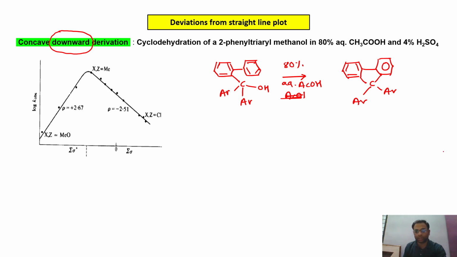So this is cyclodehydration. Now let's consider the stepwise mechanism of this reaction, and then we will understand this graph. Here we have a concave downward deviation. Two rho values we have: rho value is plus 2.67, and we have a rho value of minus 2.51 for electron withdrawing groups.